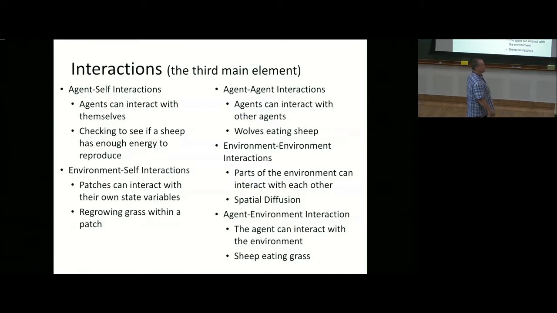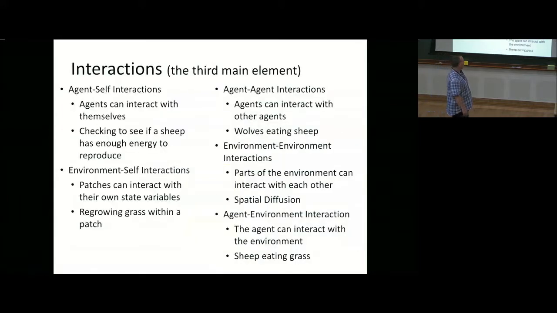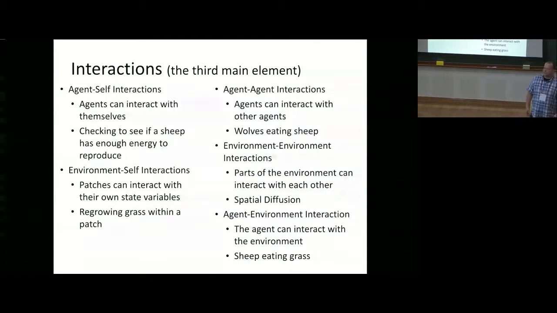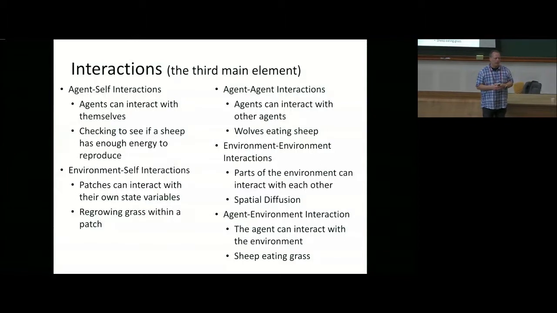That happens in the ants model, for instance. And there's agent-environment interaction, where the agents interact with the environment. Those are the different types of actions that can occur in this space. I just want to give you a way of thinking about them when you're putting your models together.